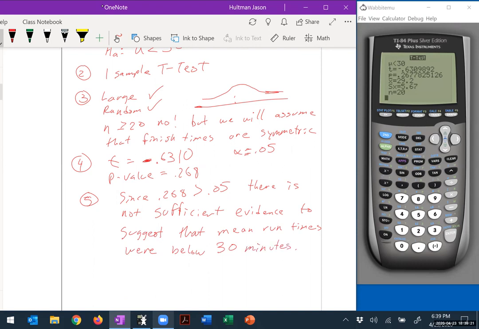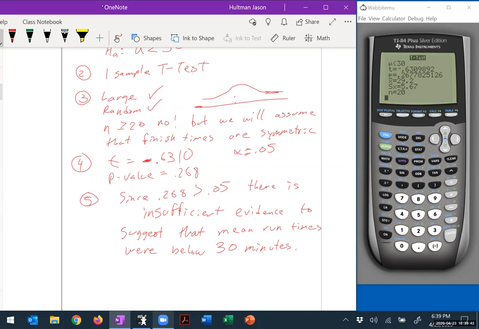Okay, so that's my conclusion. There is insufficient evidence to suggest that mean runtimes for the 5K was below 30 minutes. Okay, so that's it.